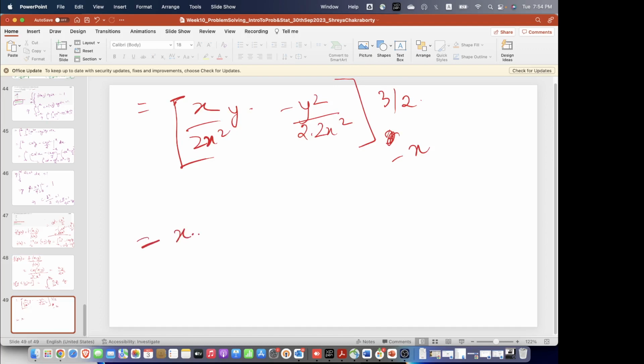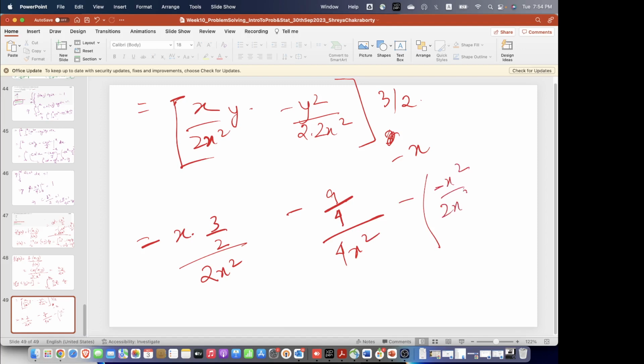So x into 3 by 2 by 2x square minus 9 by 4 by 4x square minus of minus x square by 2x square minus of x square by 4x square.